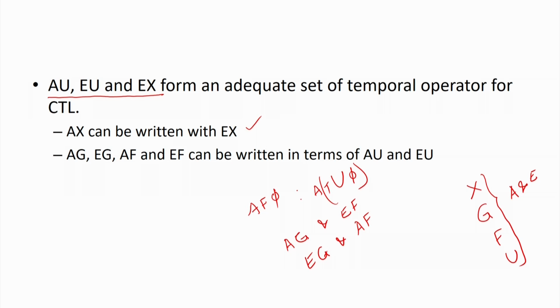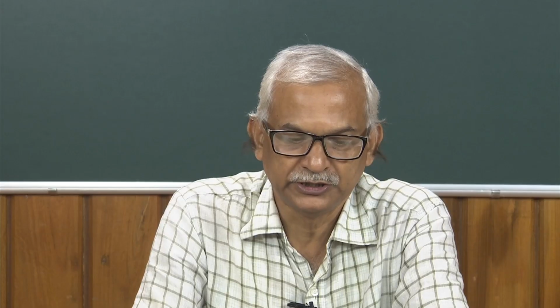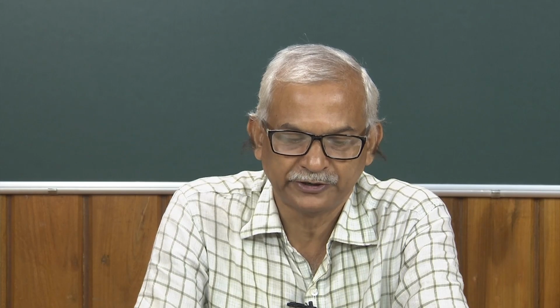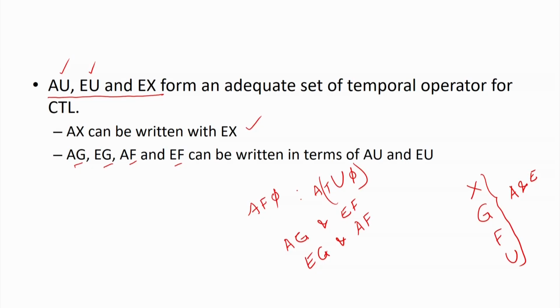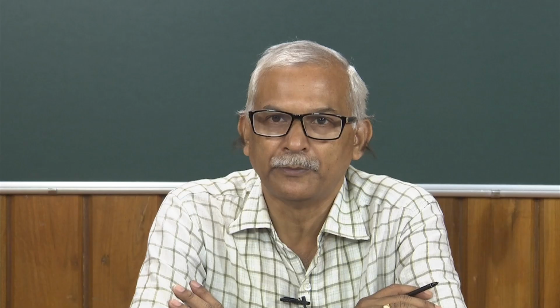We have seen those equivalences. So, these 4 operators AG, EG, AF and EF can be expressed with either AU or EU. So, if we know the methods how to check the truth values of these operators AU, EU and EX, then the truth values of other operators can also be found out. So, that is why we are saying these are the adequate set of temporal operators.